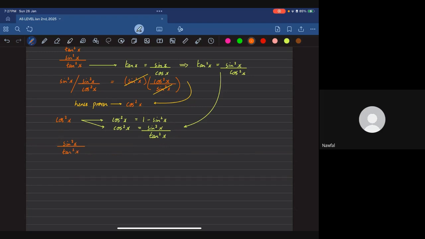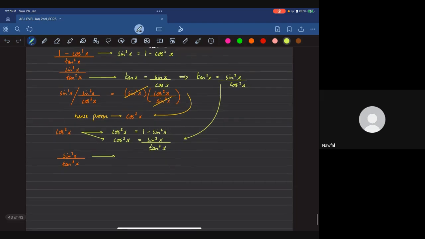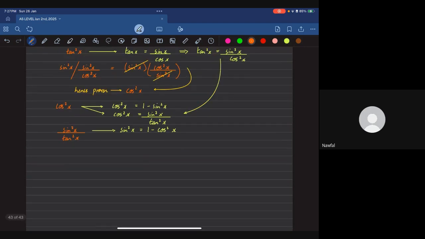All right. Now this becomes a bit simpler. Sine square x can be written down as 1 minus cos square x. Write it down and you just have to display it. So what is it going to have now?